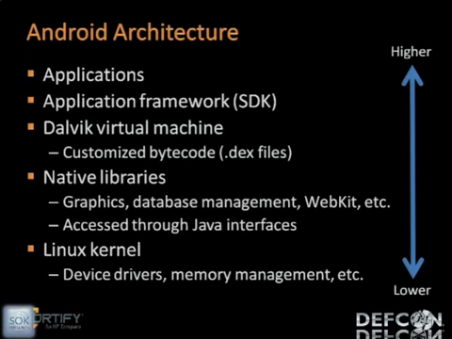On top of the native libraries, there is a modified virtual machine, which is called Dalvik virtual machine, which runs .dex rather than .class files. Android applications are written in Java, and they're written using the Google Android SDK, which is basically a Java interface that allows you to access systems and services of the Android platform.